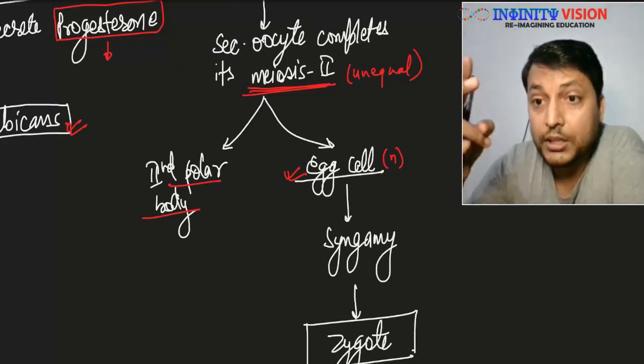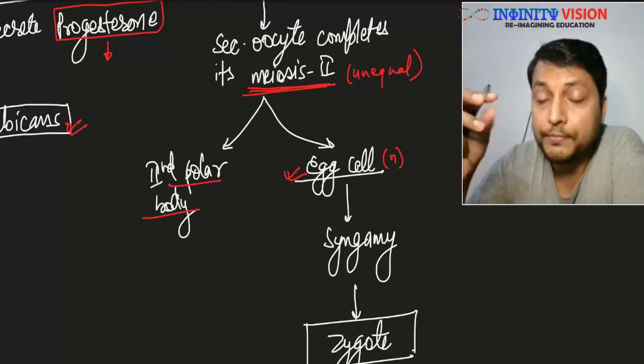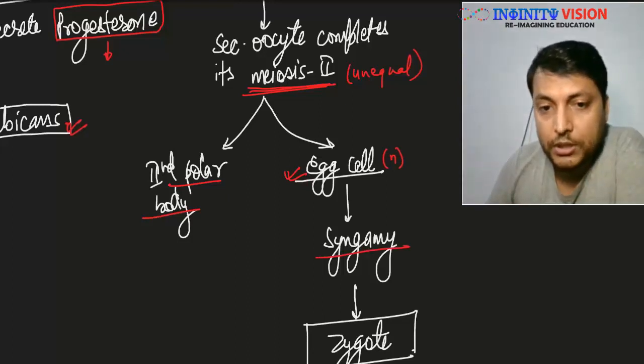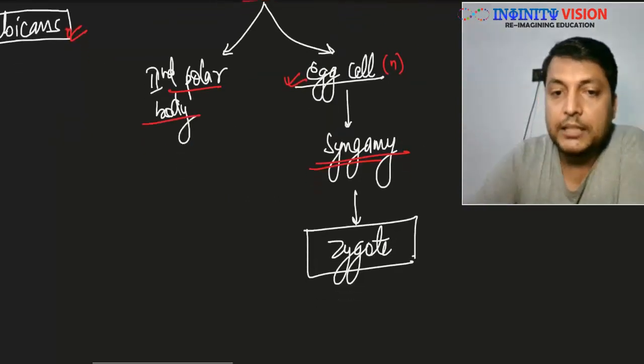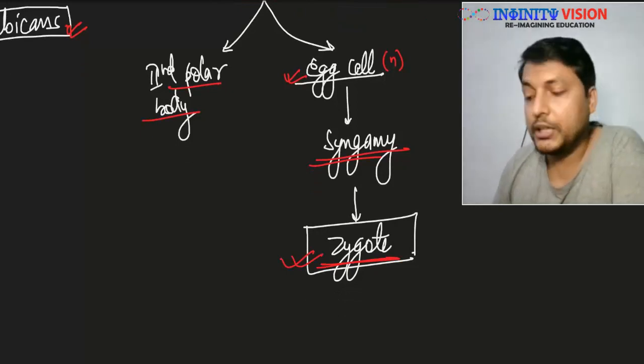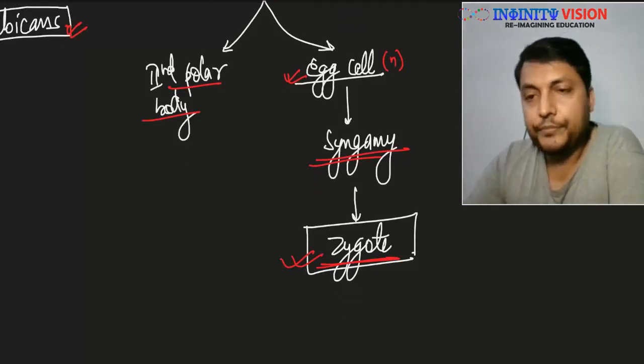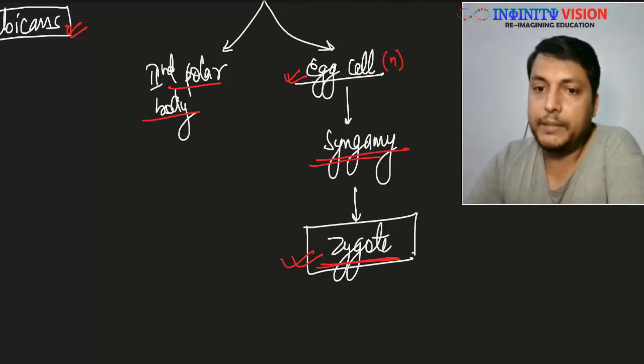Now both the nucleus of the egg cell and the sperm will fuse, and this process is called syngamy. As a result, a zygote will be formed. After that the zygote will further develop into an embryo, then a fetus, and finally childbirth will take place.